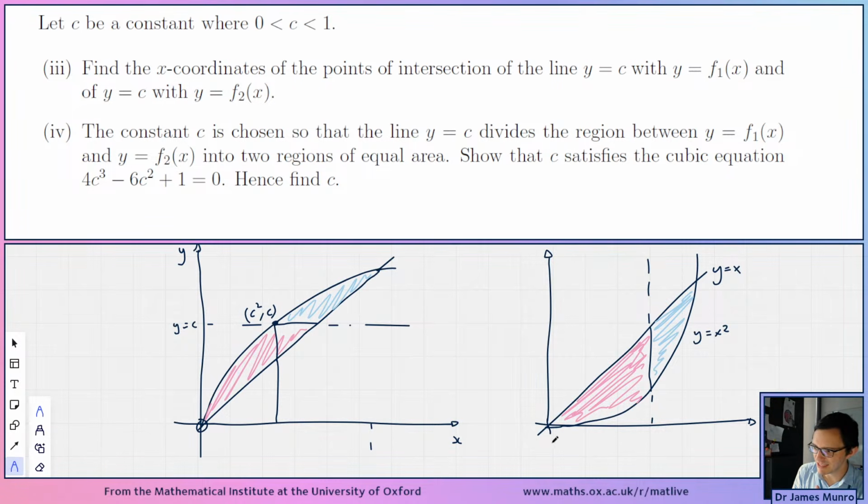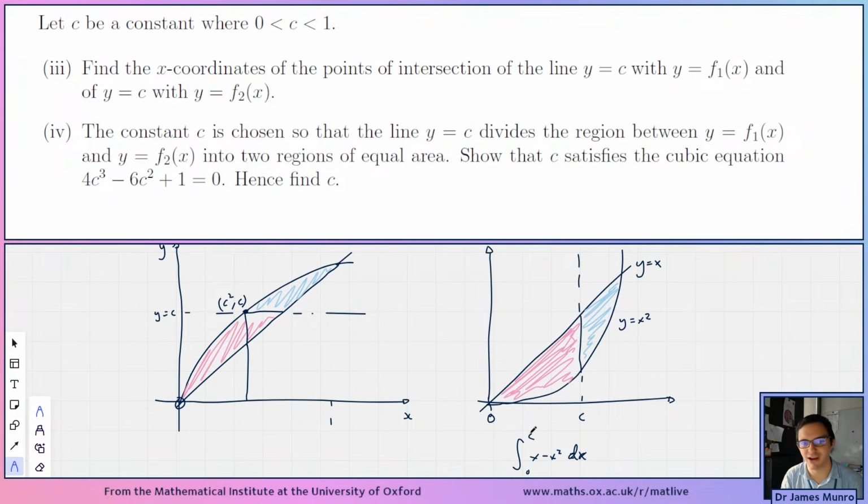They're 0 and c for this thing over here, and the area is the difference between two curves, just x minus x squared, which is just a lot easier to work with. So somehow this transformation, flipping it around like this, is much easier to think about.